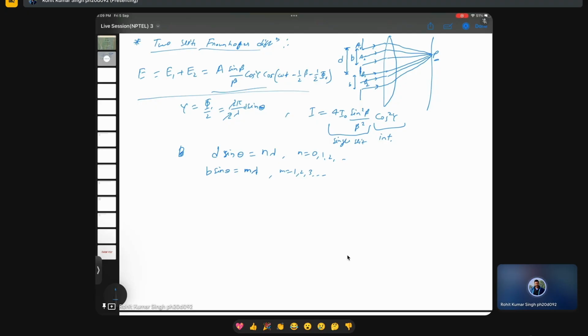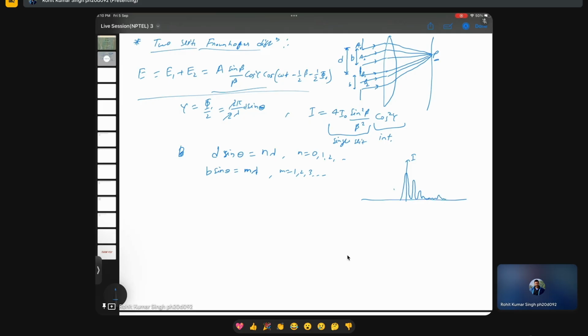For example, this is your intensity, so you will have a maxima like this, and then another maxima and so on.